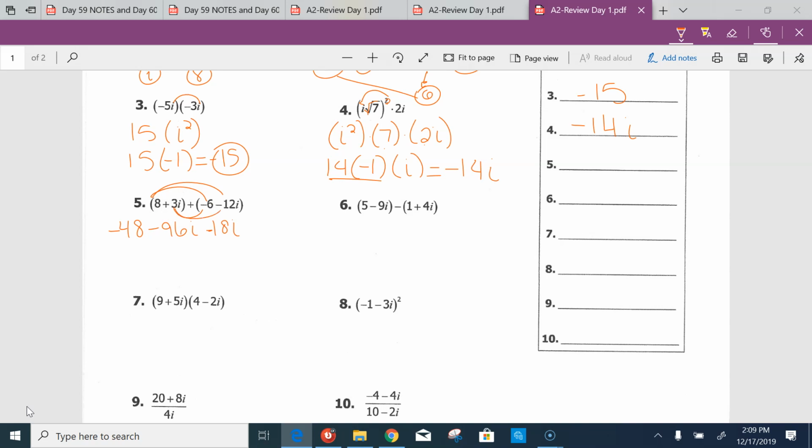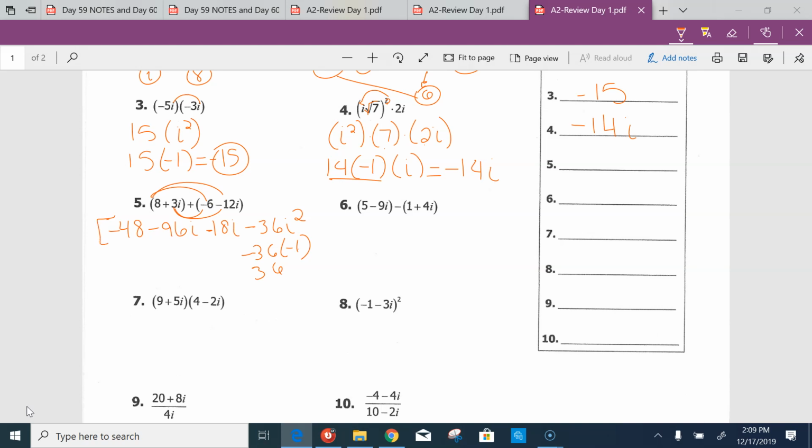And 3i times negative 12 is going to give me negative 36i squared. So now I'm going to look at this last part. I know negative 36 times i squared, which is negative 1, means I really have a positive 36 at this end. And over here I have negative 48 at this end.